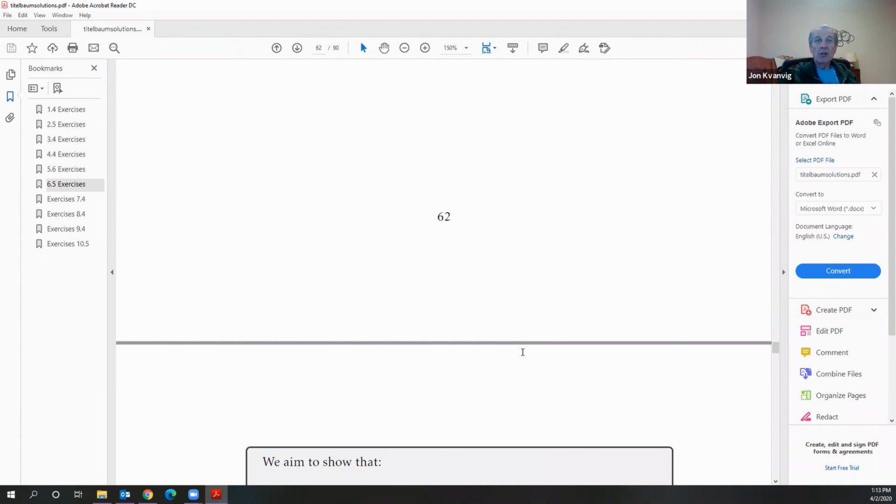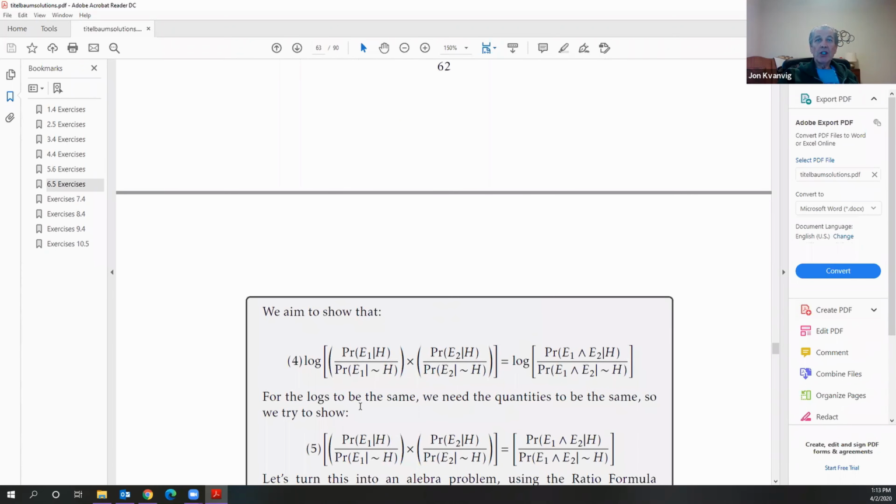Okay, so here's what we're trying to show. We're going to try to show that the log of the product of those two things is the log of the probability of the conjunction given H over the conjunction given not H. And that takes advantage of the multiplication-addition relationship on logs that he presented us as a hint.